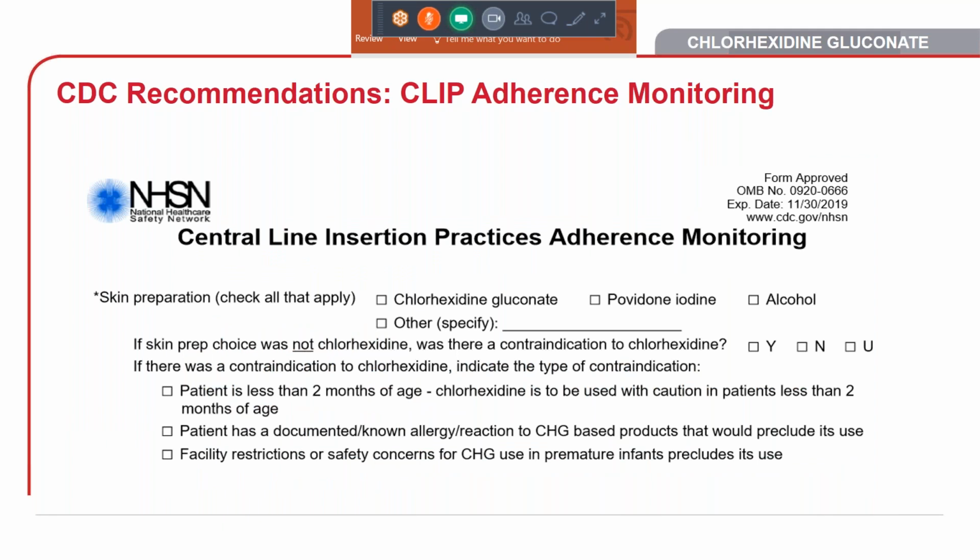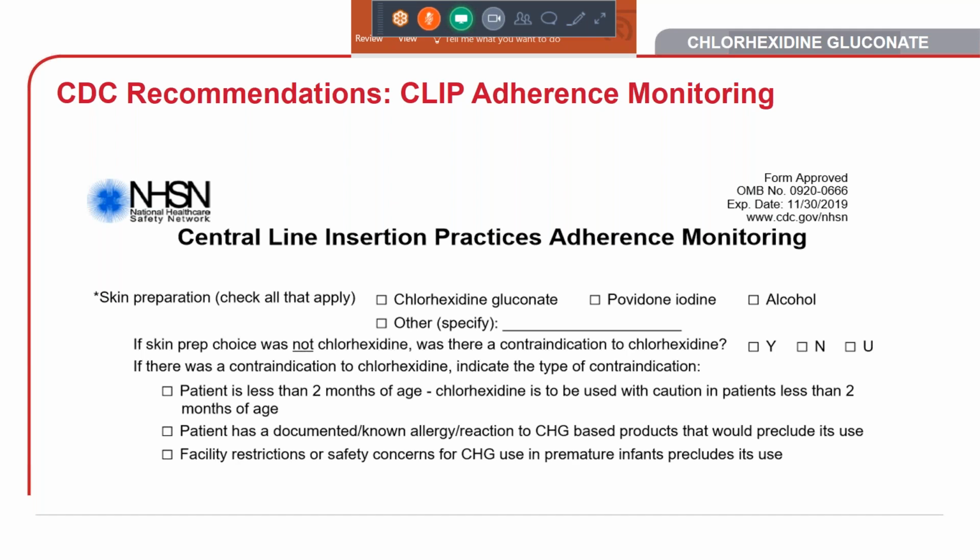And additionally, there are some states that, along with the mandated reporting of CLABSI, also have mandated reporting of central line insertion practices. This shows you what we call the CLIP form, and the compliance with recommended practice.